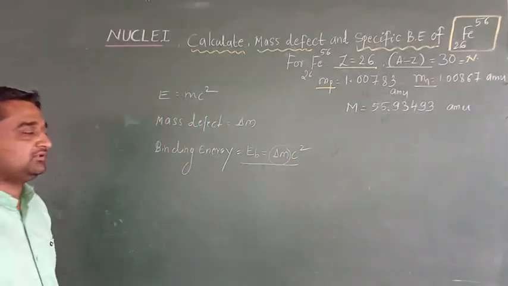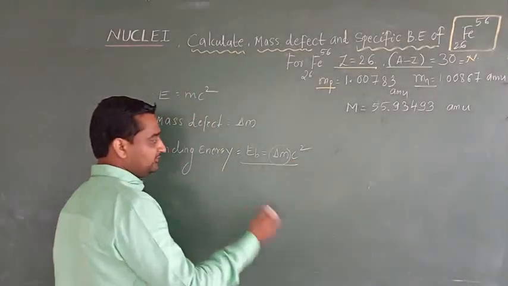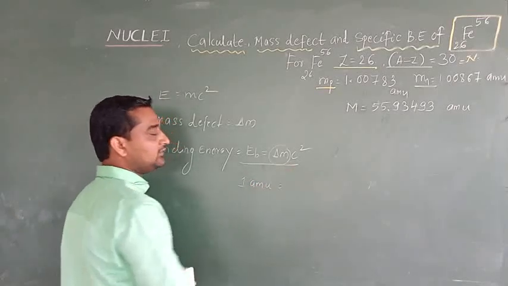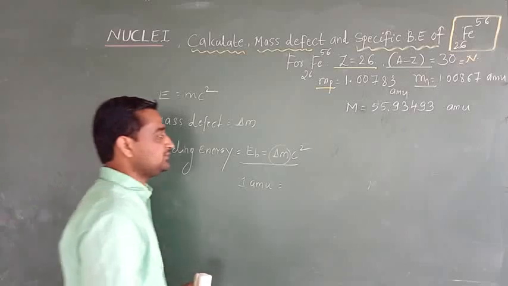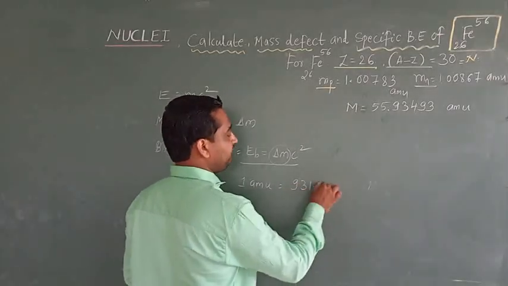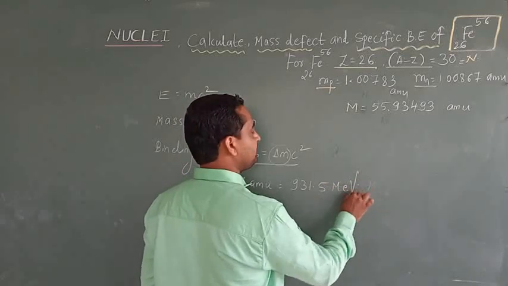Also, we gave one relation in the previous class: 1 AMU of mass is equivalent to 931.5 mega electron volt.